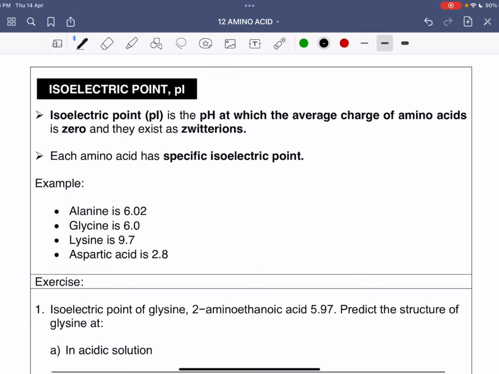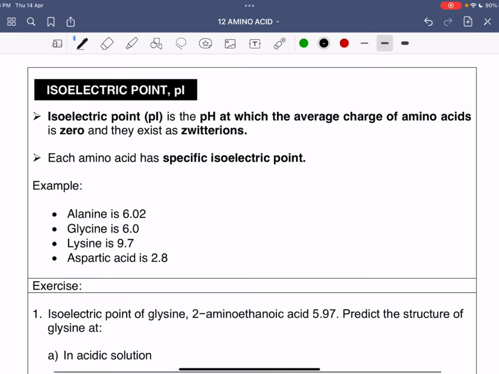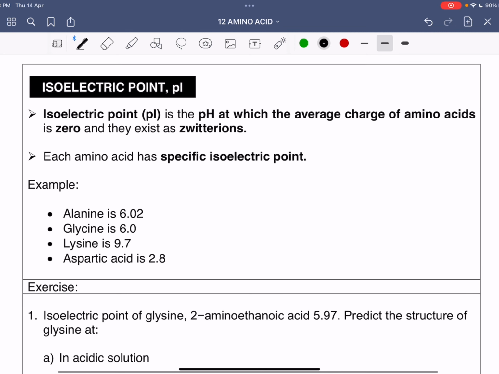Now, we have another one. This is also new for you. What is isoelectric point? Let's read properly and slowly. Isoelectric point is the pH. So when we say isoelectric point, we are actually talking about pH. But what pH is that?